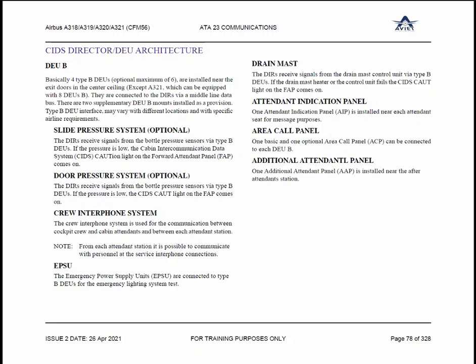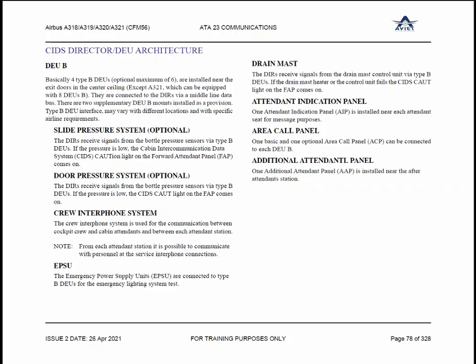Cabin crew communicate with the cabin crew itself, as well as with the cockpit. So in both places, communication is there. From each attendant station, it is possible to communicate with personnel at the service interphone also. The ground service interphones are also connected with these systems.